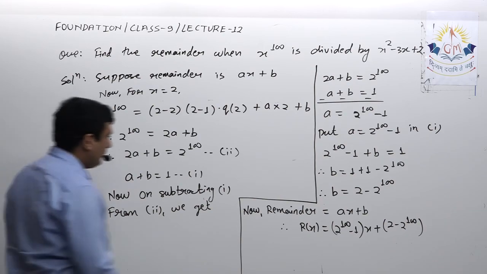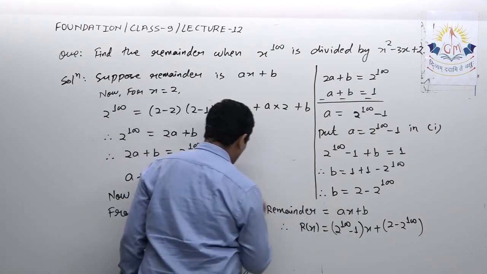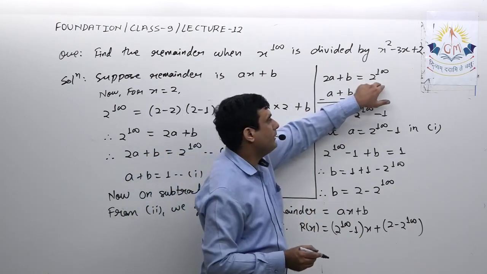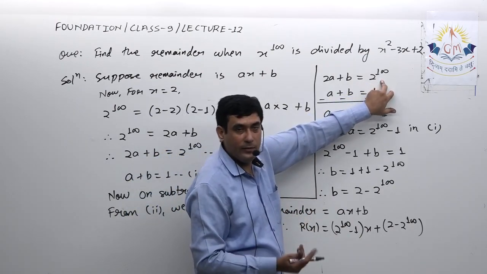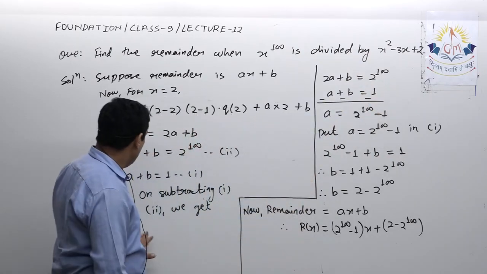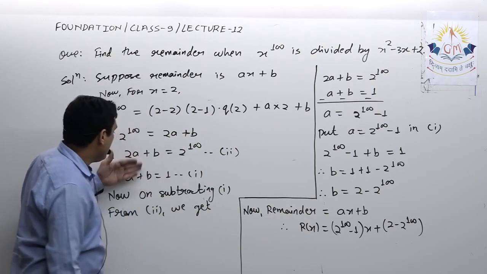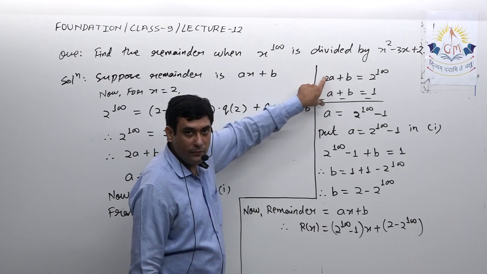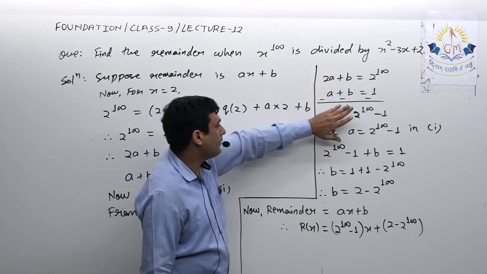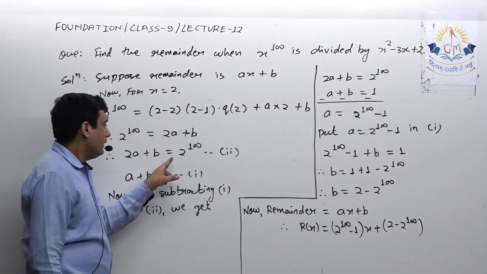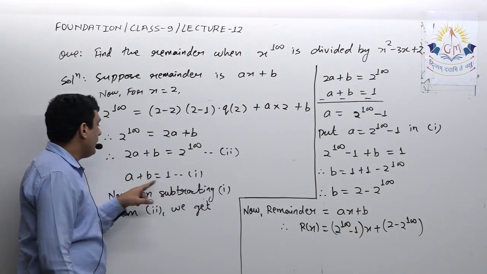Okay, so I hope that is clear to you. The only thing which was a little bit confusing over here is that the constant term was not like 7, 9, 11, but 2 raised to 100. Otherwise it is easy to solve equations in two variables. If we have two relations in two variables, it is always easy to solve. So here we had two equations, 2a plus b equal to 2 raised to 100 and a plus b equal to 1.